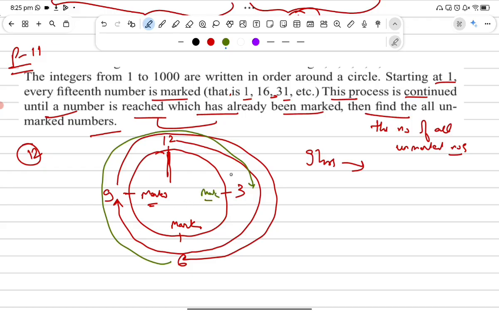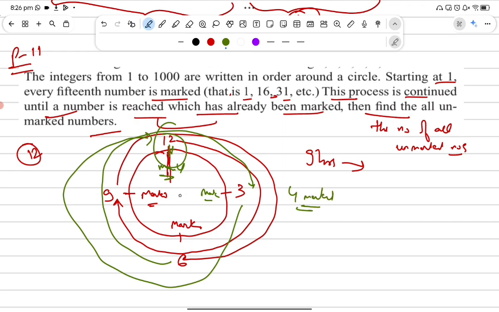And once again I say, move 9 hours ahead. So 3 plus 9, that is 12. Now stop. You have reached somewhere which was already a marked point. You started from here, right? So 4 marked points. After performing this process 4 times, you reached the spot where you began from.